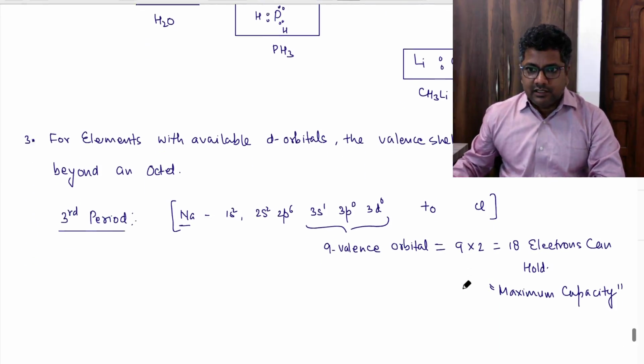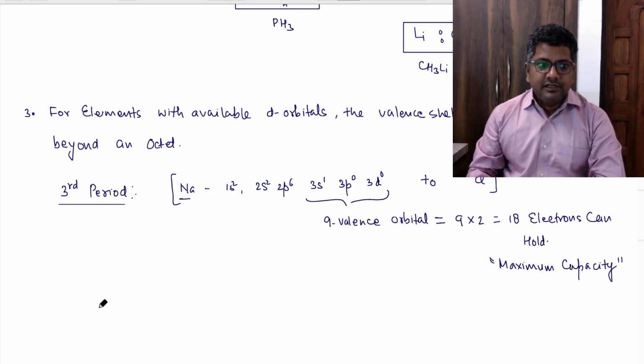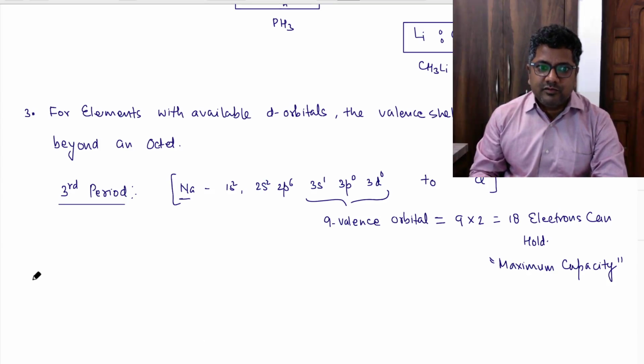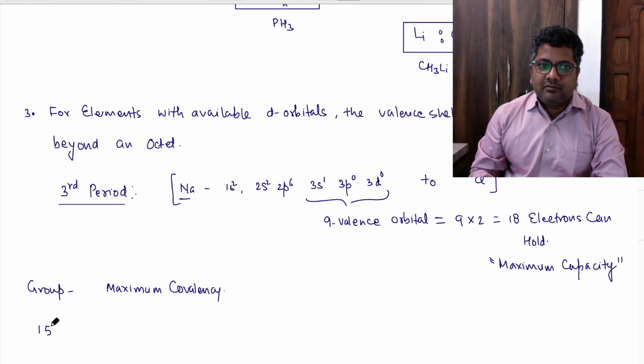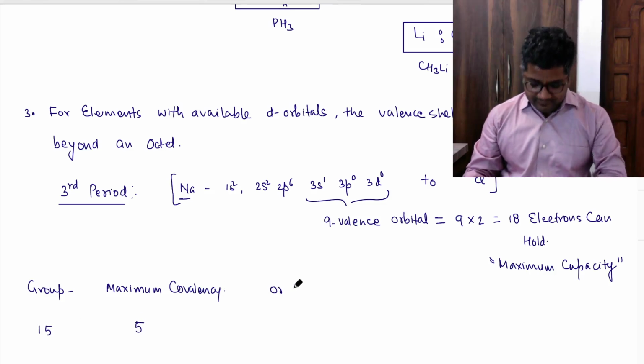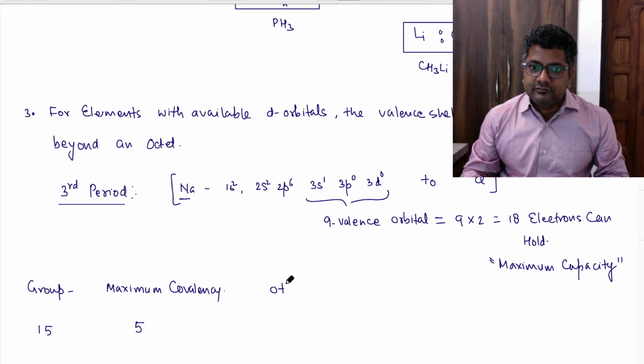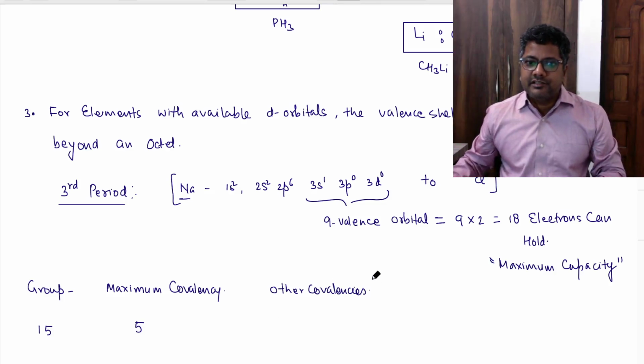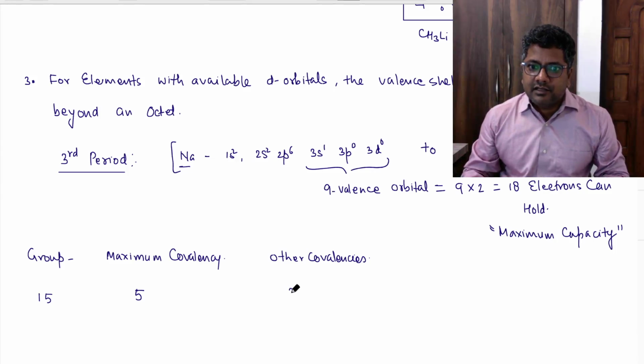Okay, so if you see group 15 and maximum covalency: for group 15, the maximum covalency is 5, and the other covalency is 3.